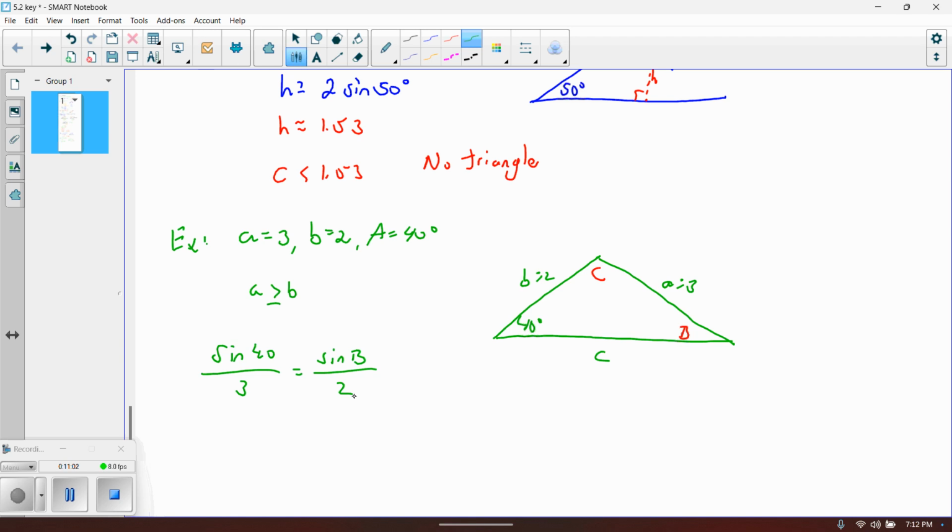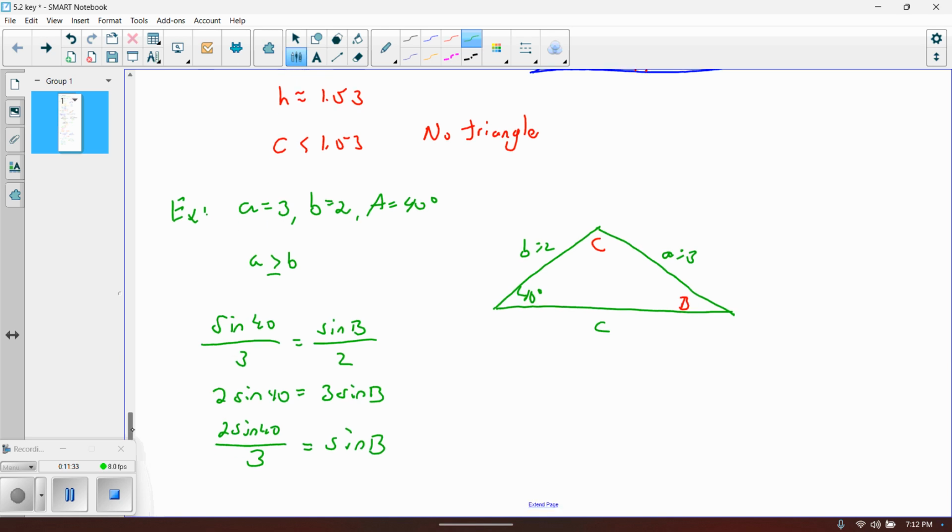So again, cross multiplication, we'll have 2 sine of 40 equals 3 sine of B. And remember, I'm solving for the angle now, so we have to divide both sides by 3. So we get 2 sine of 40 divided by 3 is equal to the sine of B. And in order to now actually solve for B, we're going to have to use inverse sine.